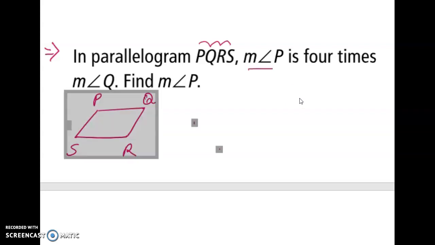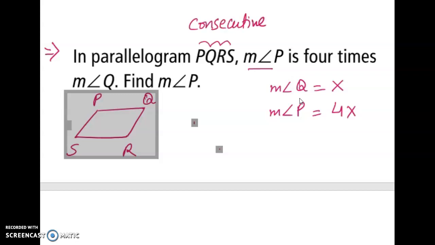Angle P is 4 times angle Q. Let angle Q be x. So if angle Q is x, then the measurement of angle P would be 4 times x. And because these are consecutive angles, they are supplementary.